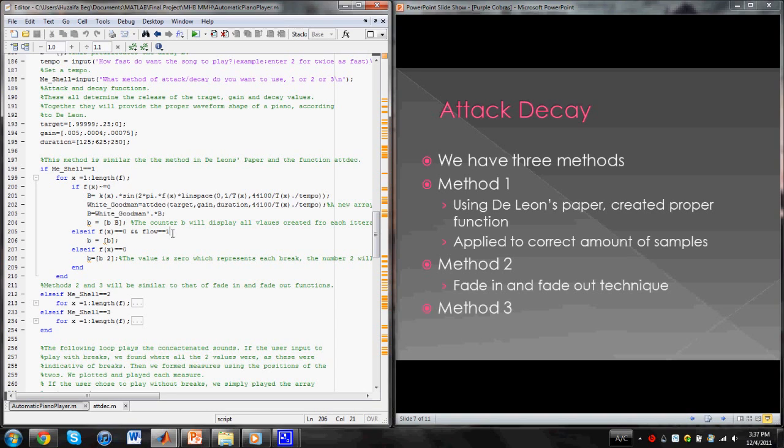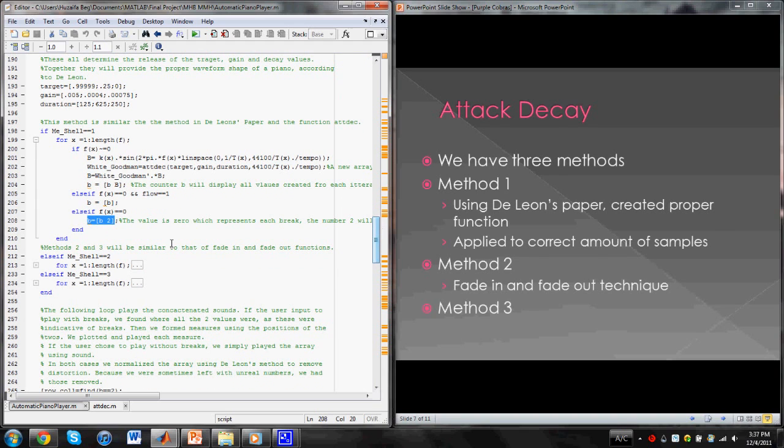Also, if flow is equal to 1, so you want to play continuously, and f of x equals 0, but there's a break there, you don't want to do anything. However, if there was a break there and flow was not equal to 1, you want to put a 2 there, just as a marker, so we know that there's a break there. Because the sine of anything can only go up to 1, so obviously 2 does not belong there, it's a break.